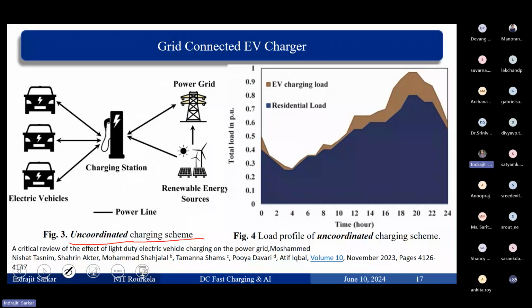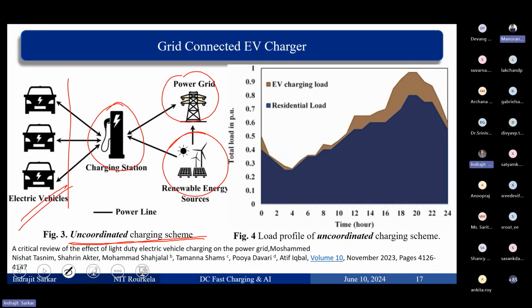Let's say there are electric vehicles, there is a charging station, and the charging power is taken as I have shown you, from the power grid and then renewables, and there is no coordination between these. That's fine in the sense when the number of electric vehicles is less. The grid is huge. India is now one nation, one grid. The entire India is now connected.